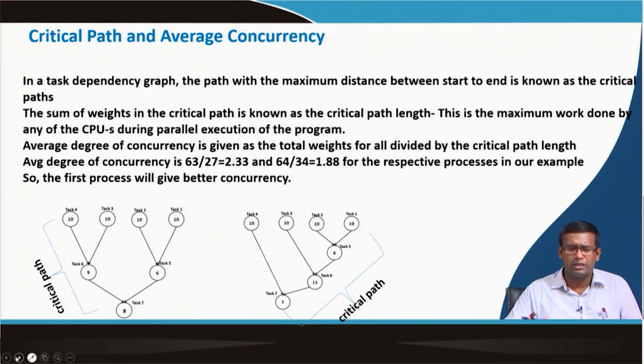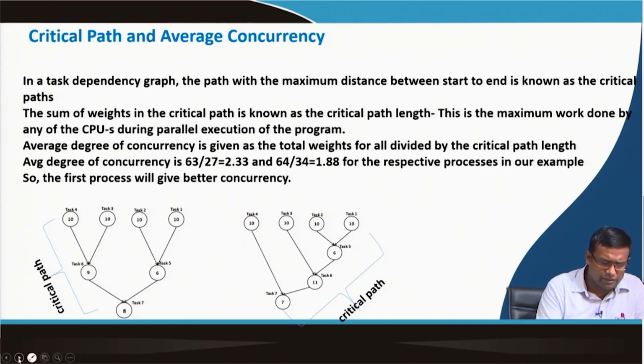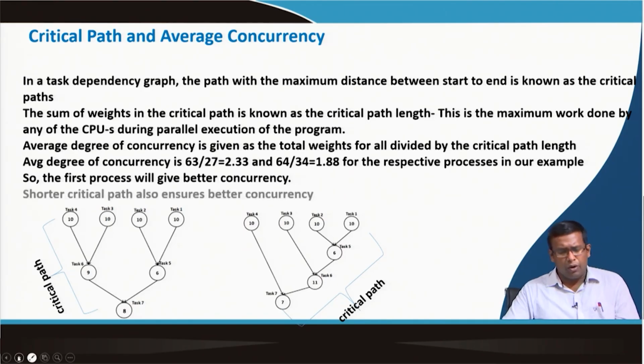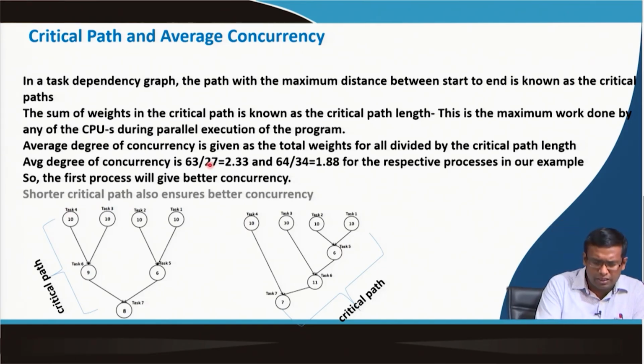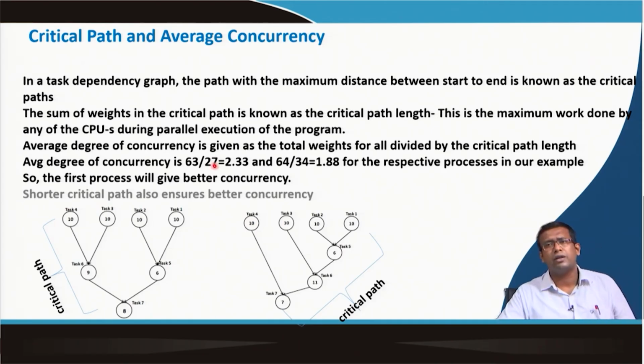You use the critical path length to divide the total weights of the problem, and this division will give you the average degree of concurrency. Whichever gives more average degree of concurrency will be a better algorithm to parallelize. Also, a shorter critical path ensures better concurrency, because a shorter critical path means the denominator will be smaller and you will get a higher average degree of concurrency.